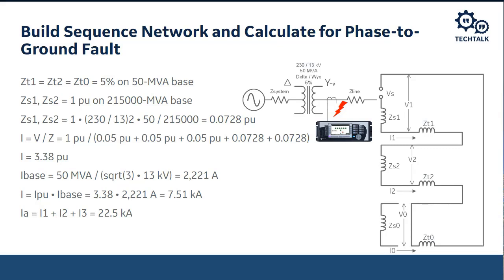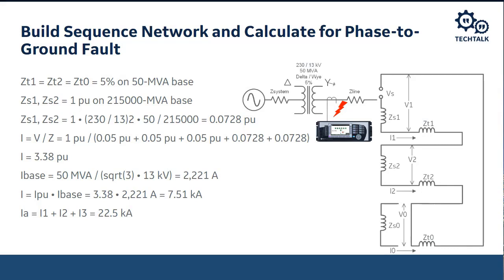So now I know what all of my sequence impedances are, and I'm just solving a series network for current. And so we can do that calculation there, and that current's going to be 3.38 per unit.